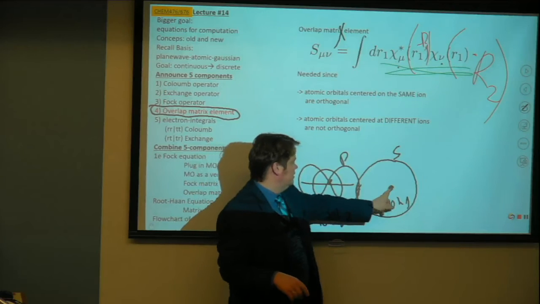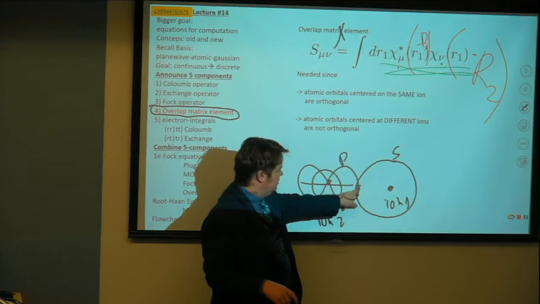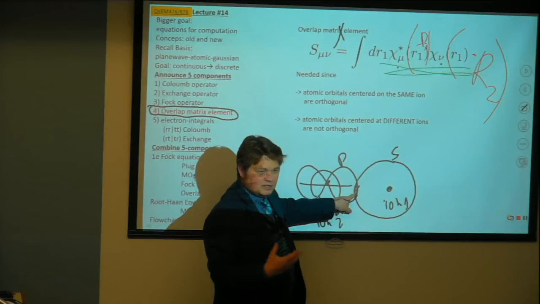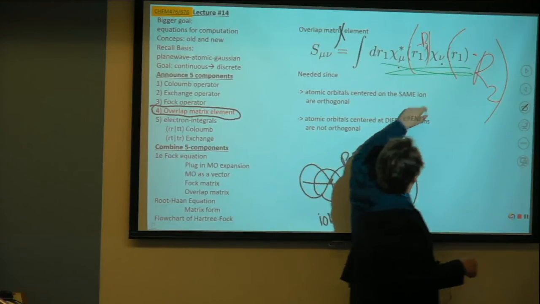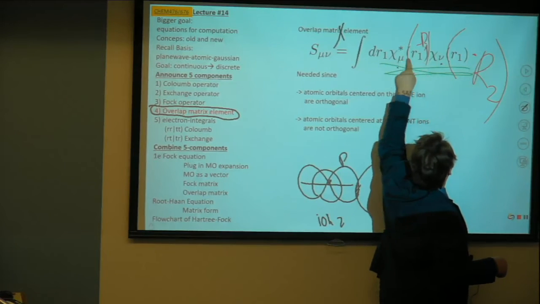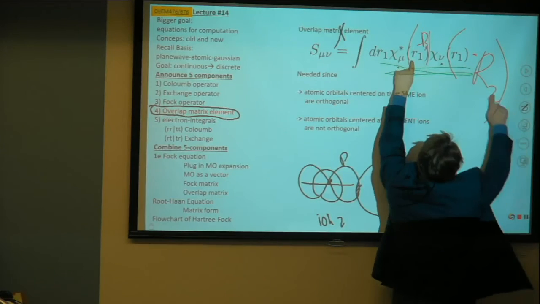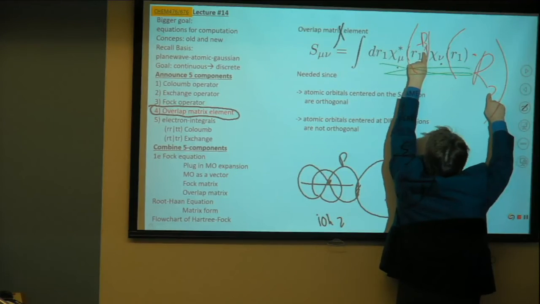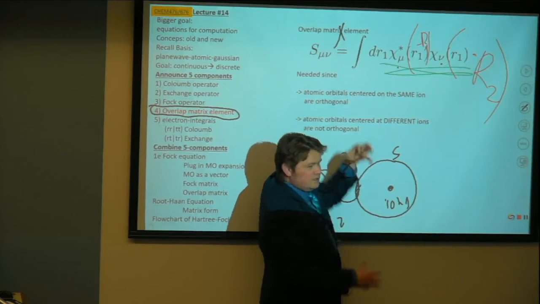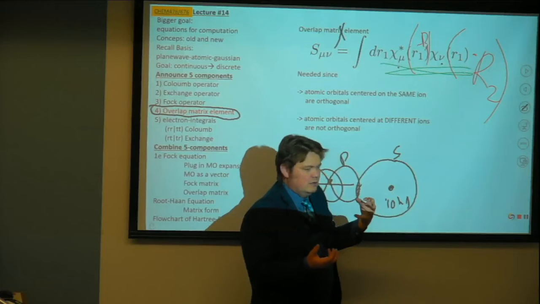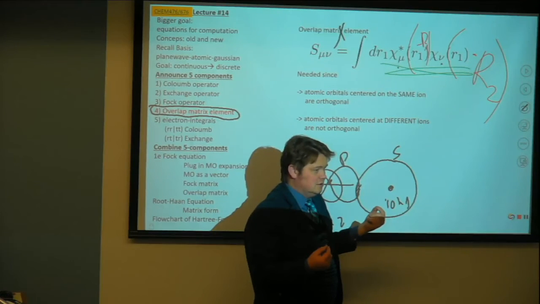Let's say an S orbital on one atom, a P orbital on another one, and in this region they will be interacting and providing something between 0 and 1 on integration. So function 1, function 2, the integration variable is the same, but they are evaluated at atom 1 and atom 2. So this S mu nu is the degree of non-orthogonality of the basis functions.